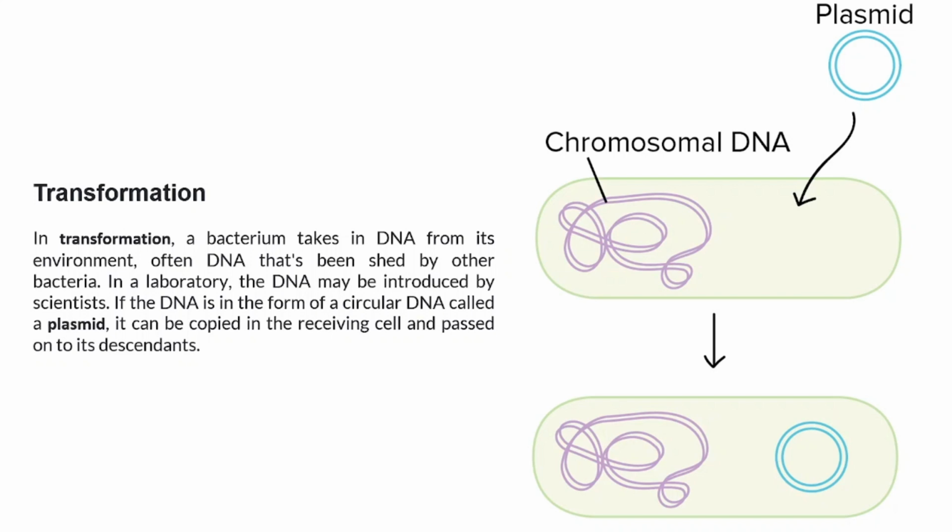In a laboratory, scientists introduce DNA, and if the DNA is in the form of a circular DNA called a plasmid, it can be copied in the receiving cells and passed on to descendants. There are some bacteria which are competent, and competent cells can easily take in plasmid DNA, and we can genetically engineer the plasmid to incorporate our gene of interest.